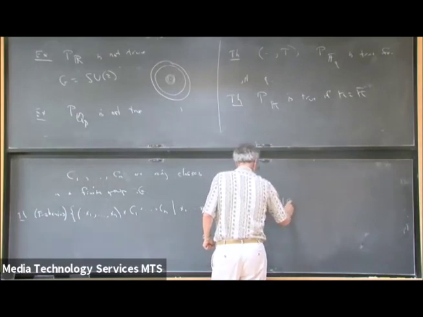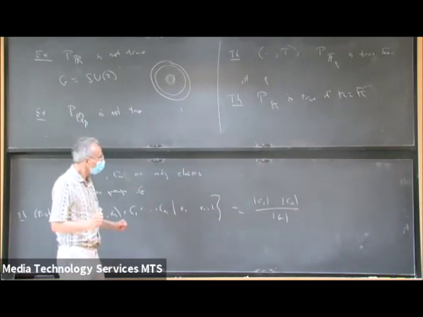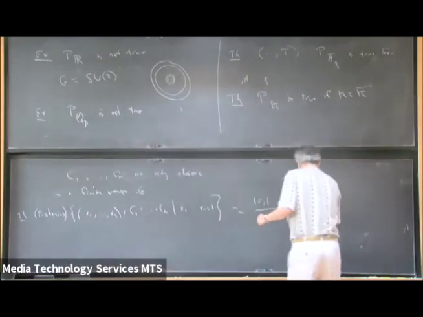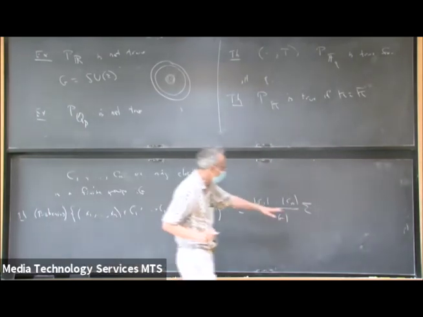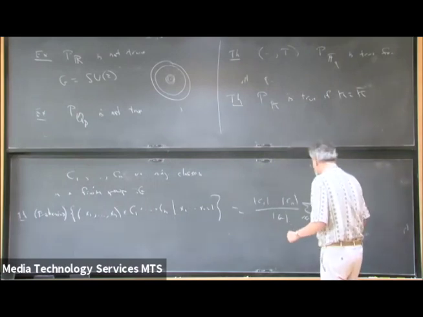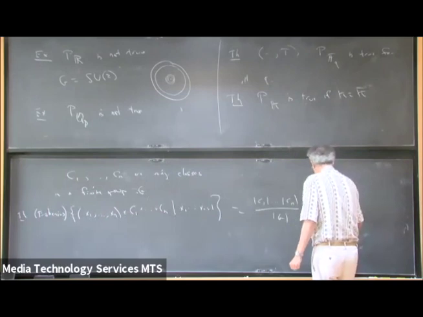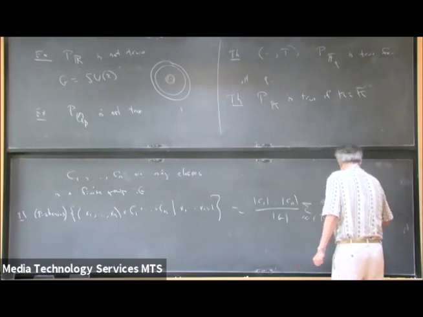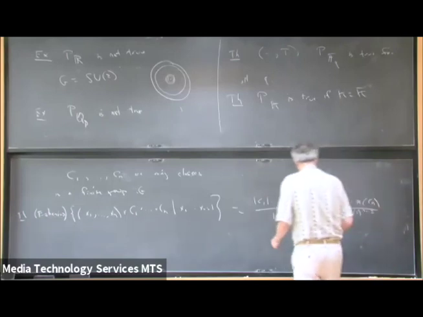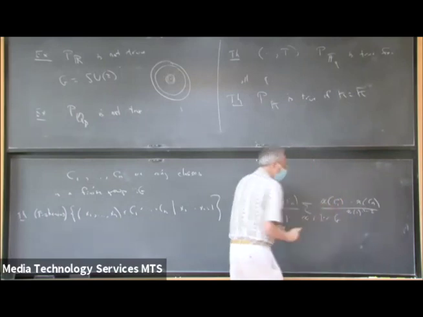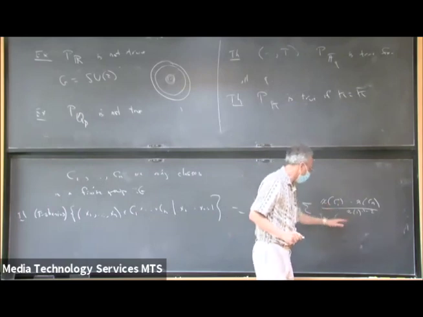First of all, you write down the average number of representations of an element in G. And then, as Peter says, there's a kind of Waring's formula type expression, which is, in this case, a sum over the irreducible characters of G of chi of C1 times chi of Cn divided by chi of 1 to the n minus 2. And when you think about this sum, there's the trivial character here, so that contributes 1.